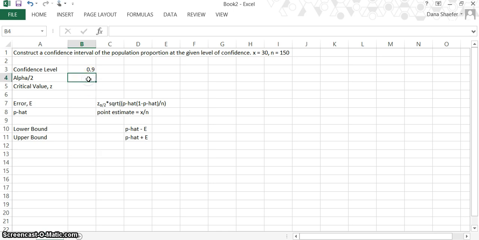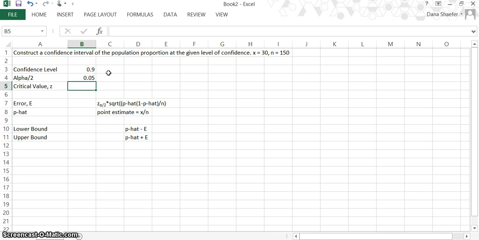So alpha divided by 2 is 1 minus the 0.9 divided by 2. So now we know that the area in an individual tail is 0.05.